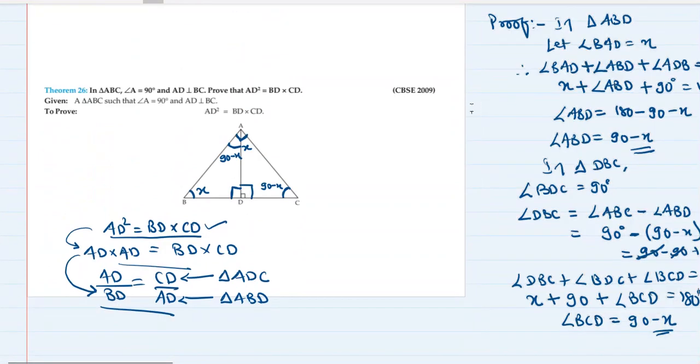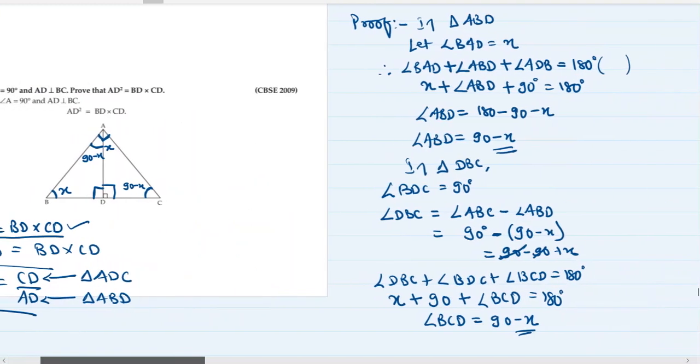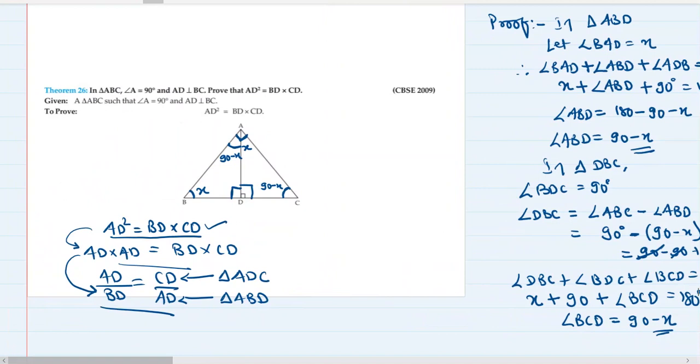The same thing I want you to write all over again, for finding all the measures of missing angles in terms of x, like how I have shown in the figure. Now, which two triangles do you have to prove similar?